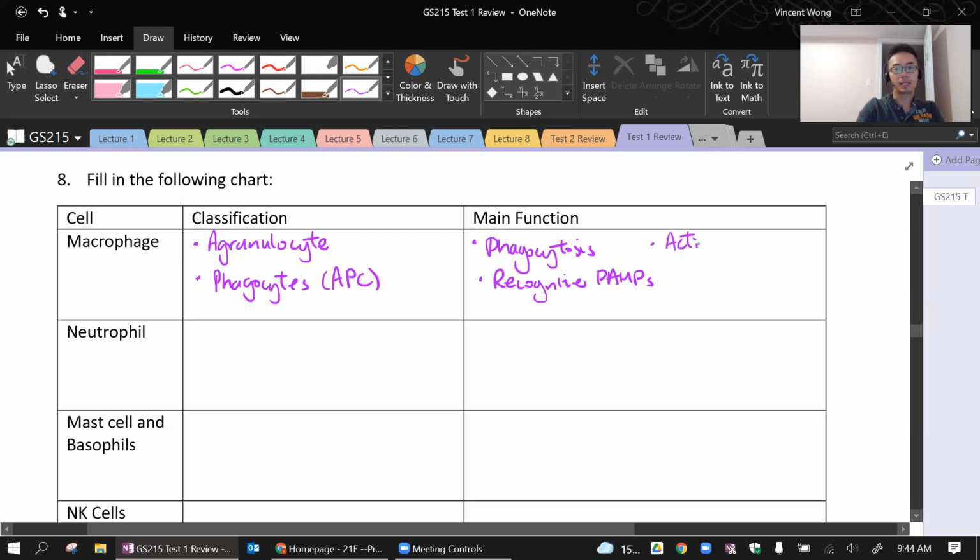Also very important is that they will activate naive T cells. Okay. They can do antigen processing and antigen presentation. All right.